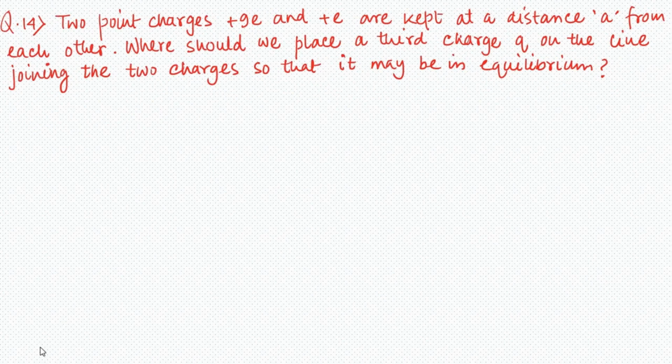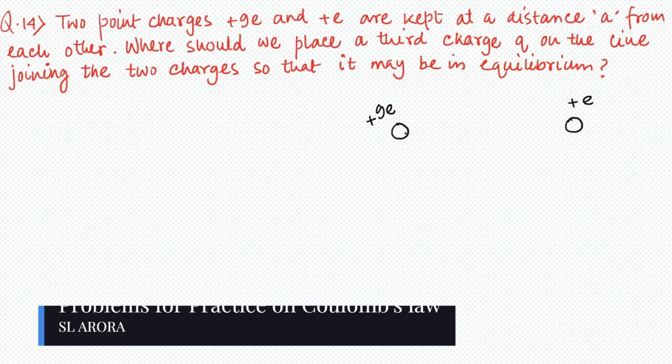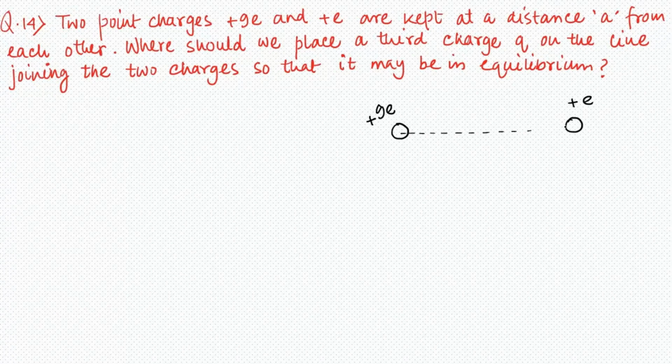Question number 14. 2 point charges +9e and +e are kept at a distance a from each other. Where should we place a third charge Q on the line joining the two charges so that it may be in equilibrium? So here we have 2 point charges +9e and +e, and the distance between these two charges is a.